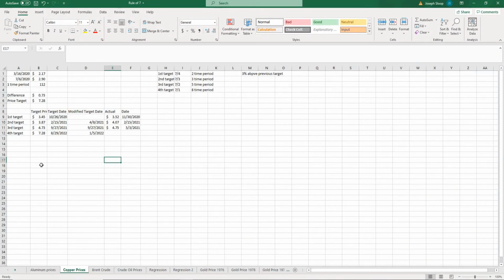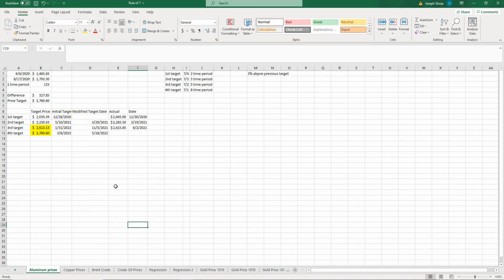In that case, it would be pointing to a target price of about $7.30 from a low of $2.17. And you can do this with commodities. You can even do this with stocks and bonds. The trend tends to hold true because it follows a Fibonacci sequence.